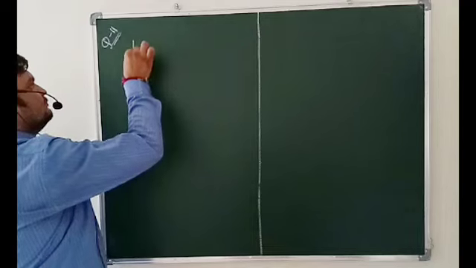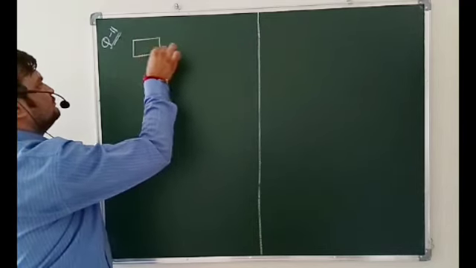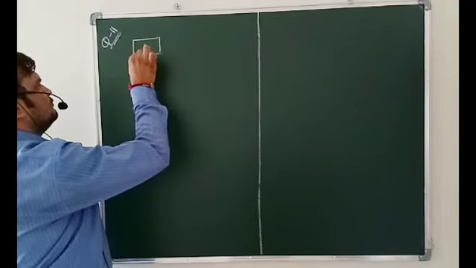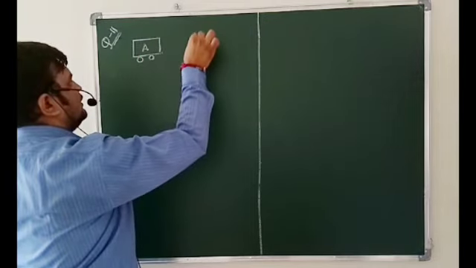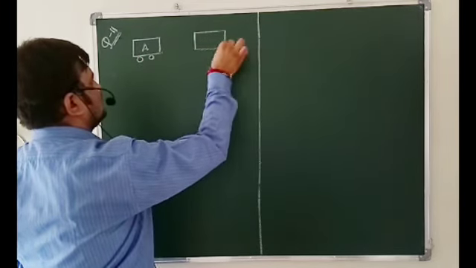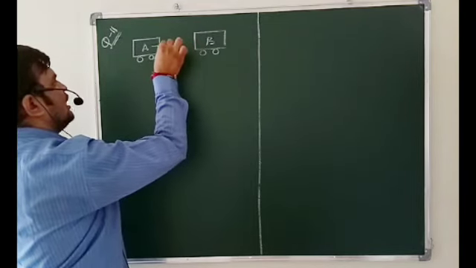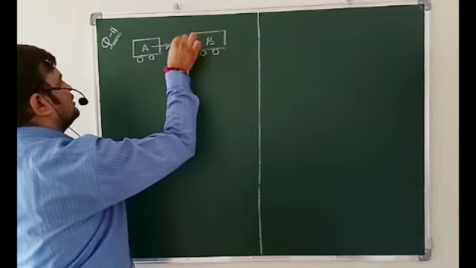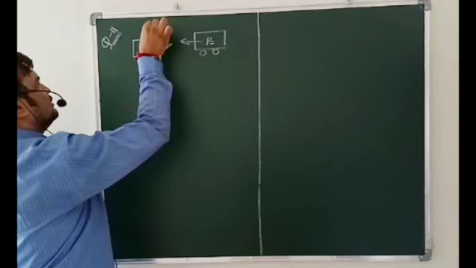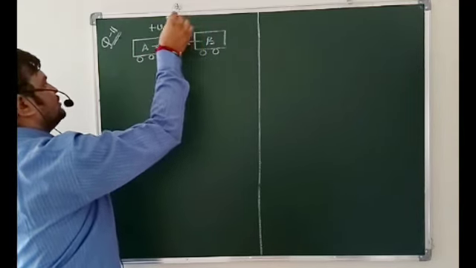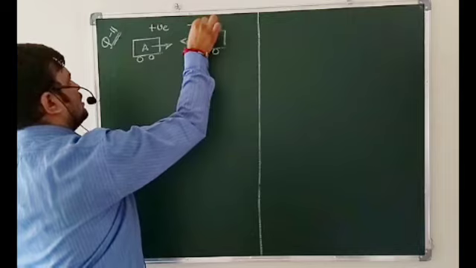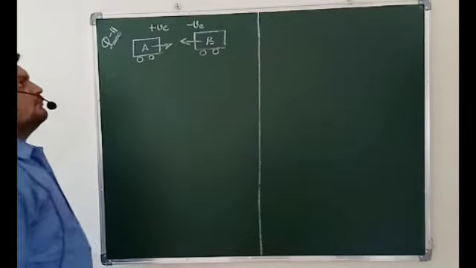So here this is car A and this is car B. Both are traveling in the opposite direction. So it is the positive direction and the negative direction.